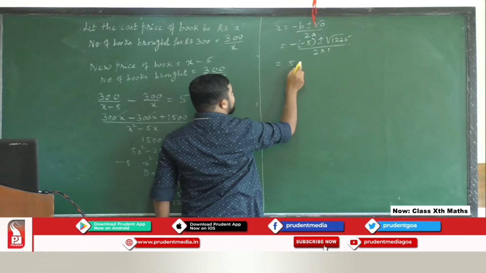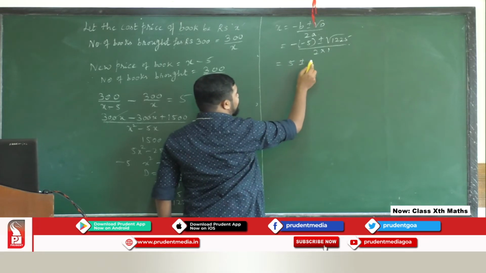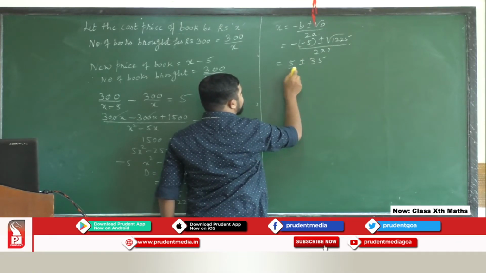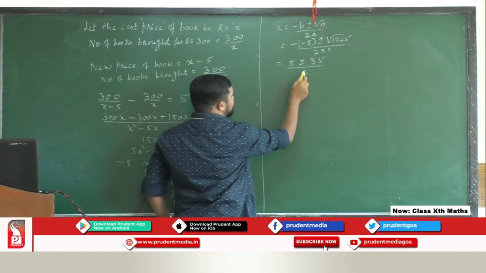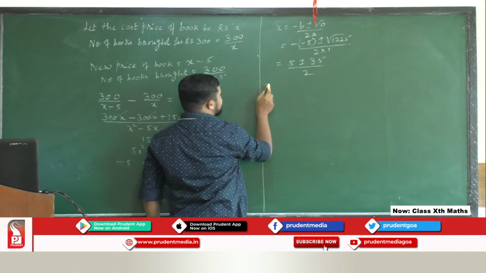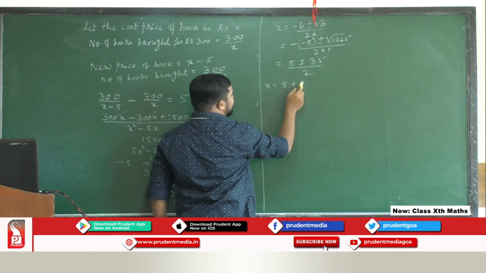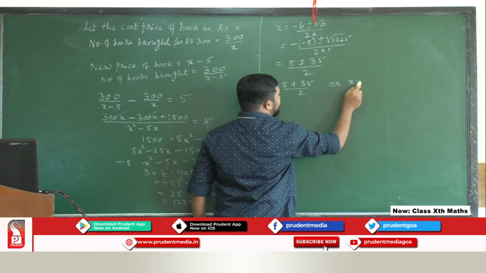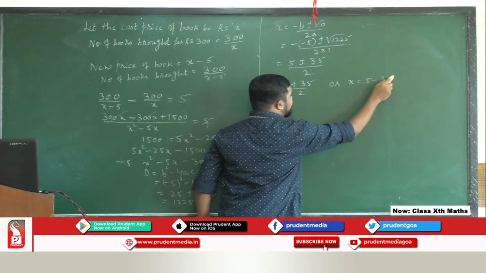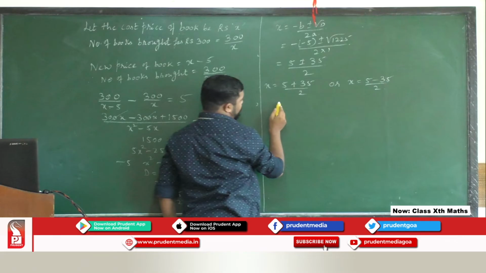So 5 plus or minus, the square root of this is 35. So x is 5 plus 35 by 2 or 5 minus 35 by 2.